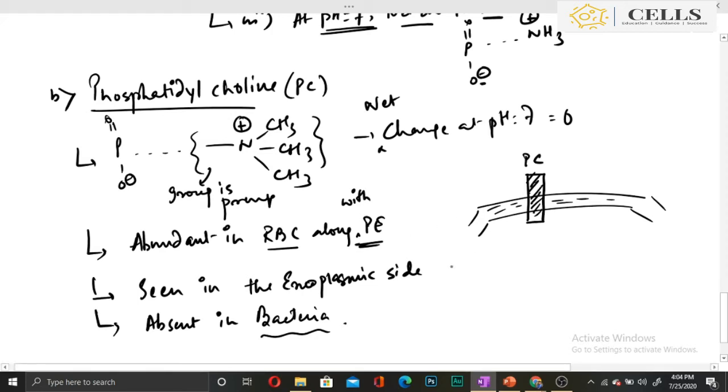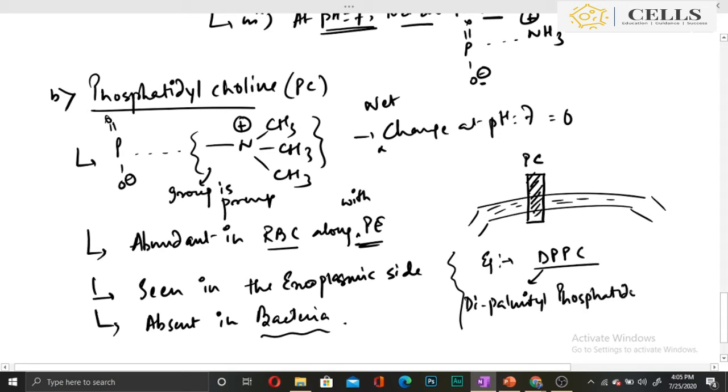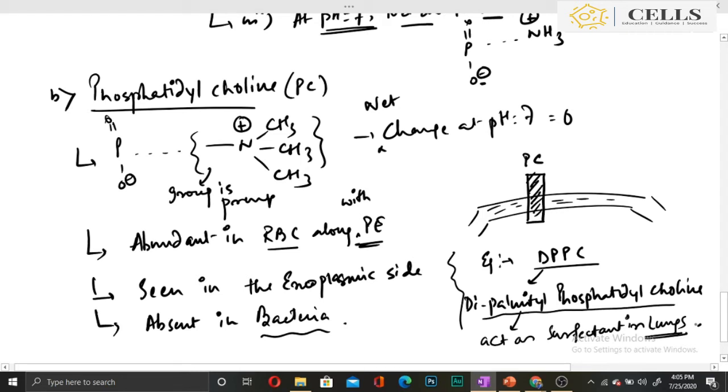Very good. One question in BHU came: what is DPPC? We will be talking about all these things in biochemistry, but it is dipalmityl phosphatidylcholine. It is nothing but a surfactant that acts as a surfactant in the lungs. I think you have learned about this in your class level also.